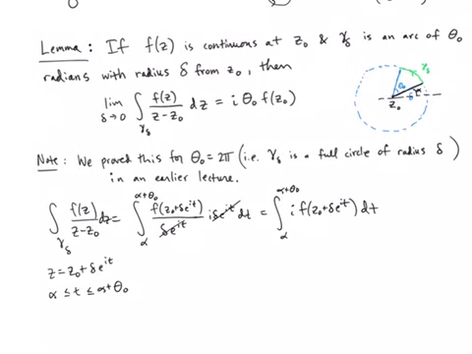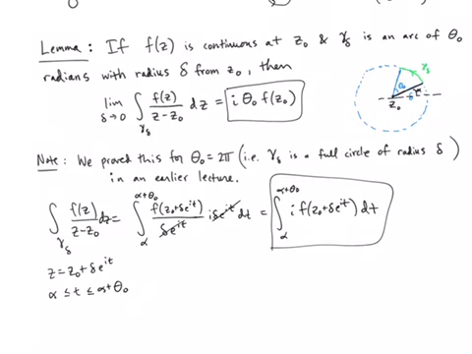And so now we look at the difference between this and the quantity i theta naught f of z naught. Well, theta naught is the length of that interval, right? So theta naught f of z naught, that's the same thing as the integral from alpha to alpha plus theta naught of the constant f of z naught dt.